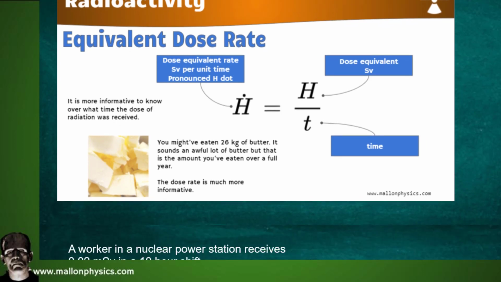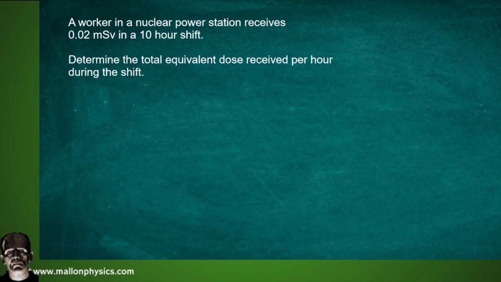Here's a wee example for you. A worker in a nuclear power station receives 0.02 millisieverts in a 10-hour shift. Determine the total equivalent dose received per hour during the shift. So we use our equation, and our equation is as follows. It's going to be H dot, that's the symbol for it, the dose equivalent rate, and that's equal to the dose equivalent divided by the time in which the dose equivalent was received.